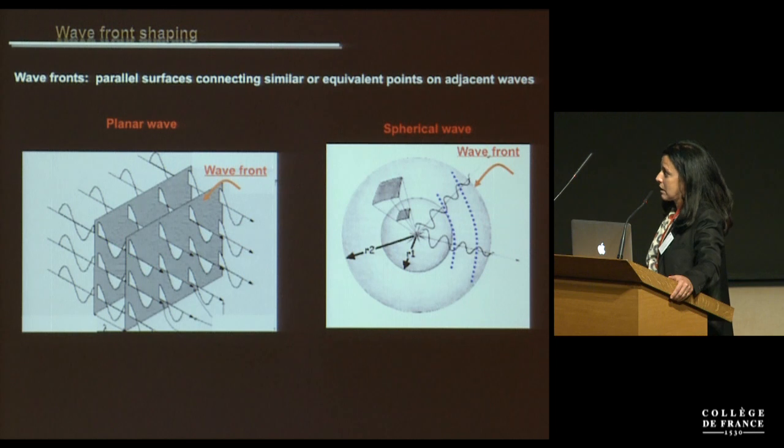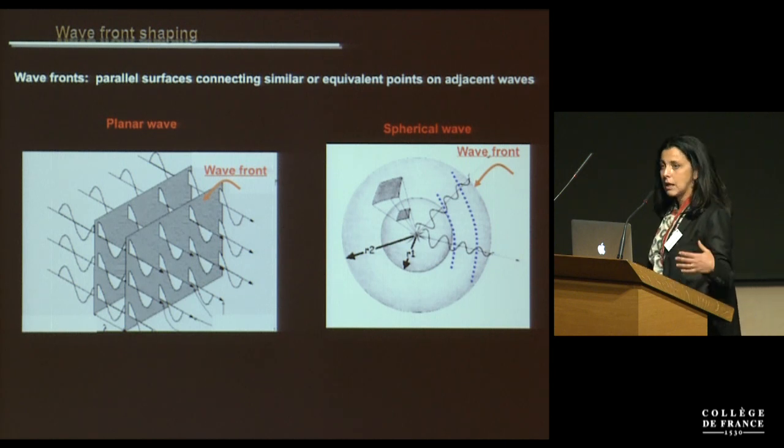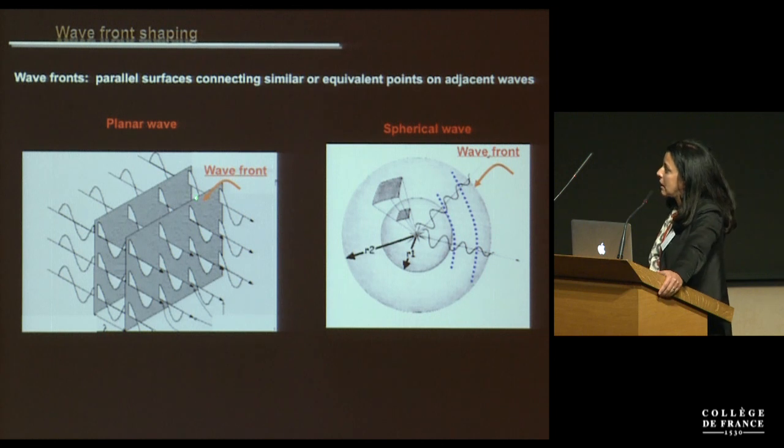A planar wave is a collimated parallel beam, and a spherical wave is a beam that is focused into a point. And an optical wavefront is something that we define just to characterize how the beams propagate. You see in this case, these are surfaces that relate all the rays that have the same properties. In this case, they're all oscillating with the same phase.